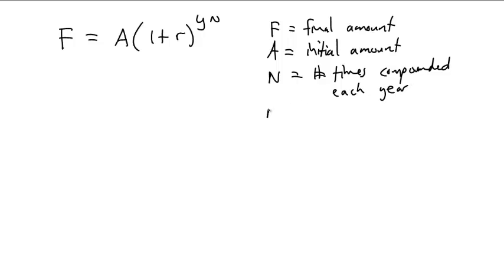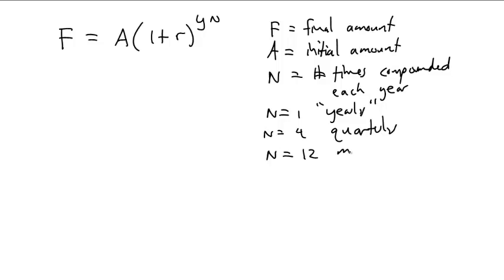What does that mean? N equals 1 means yearly. N equals 4 is called quarterly. The most popular ones are N equals 12, which is called monthly, and N equals 365, which is called daily. N equals 52 would be weekly, but I don't know too many people who do things weekly, but whatever.